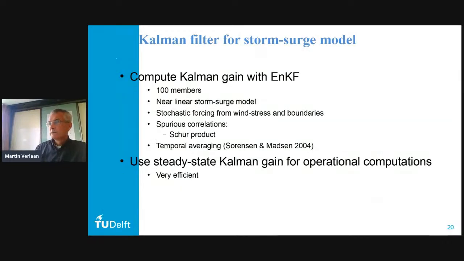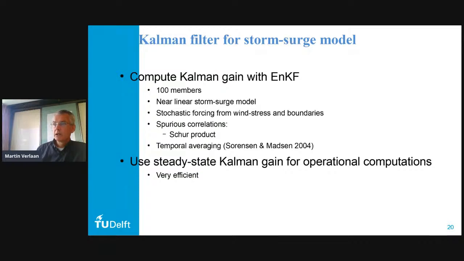The way we did that was with an ensemble Kalman filter. We used 100 ensemble members, same model as I showed you before. We've assumed that the uncertainty that is important in the ensemble Kalman filter is the stochastic forcing based on the wind stress, so the surface forcing at the sea surface, and the open boundary, the boundaries connecting the sea to the ocean, as the control parameters of our Kalman filter.